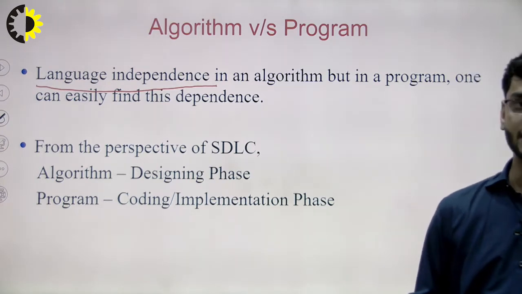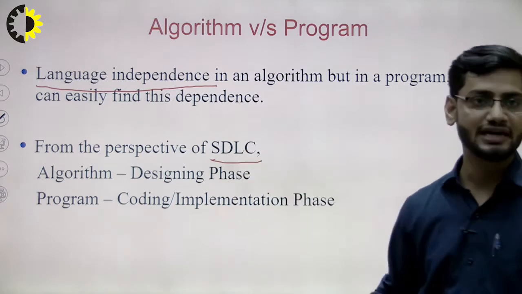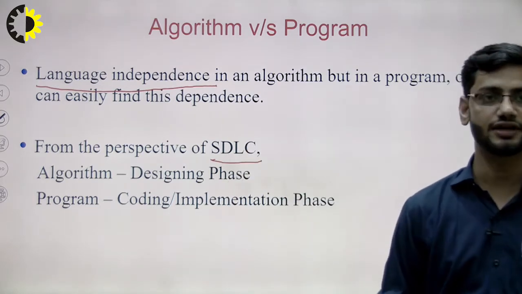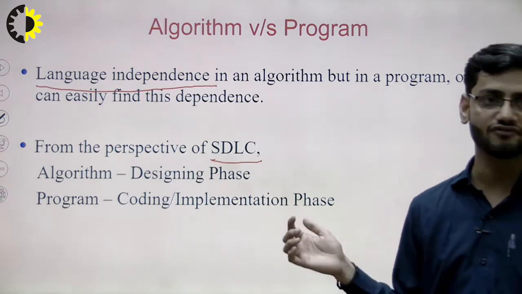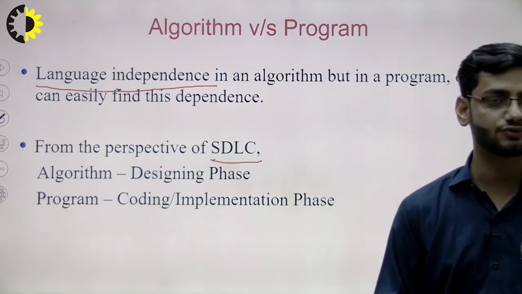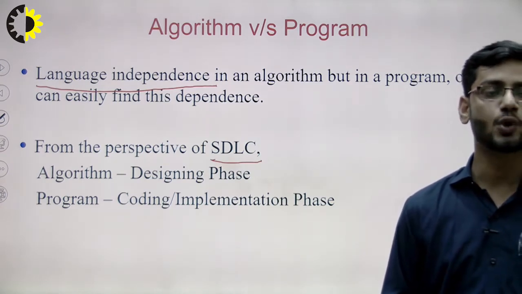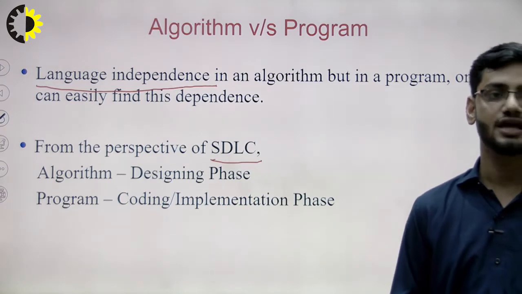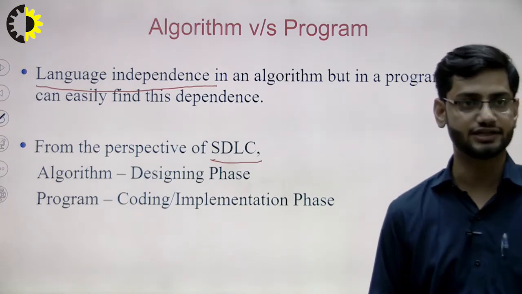Second, if you have studied SDLC, the software development life cycle, in a software engineering course, there are 5 phases in the software development life cycle. First is the requirement analysis phase, second is the designing phase, third is the coding or implementation phase, fourth is the testing phase, and the final one is the maintenance phase.